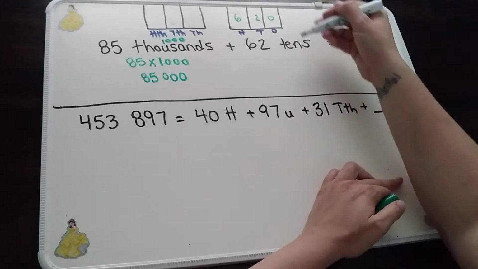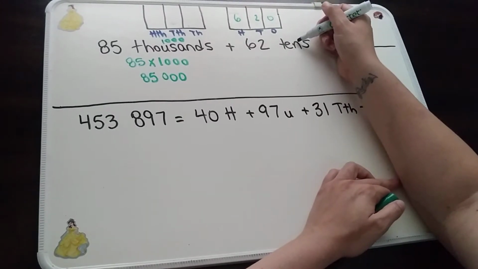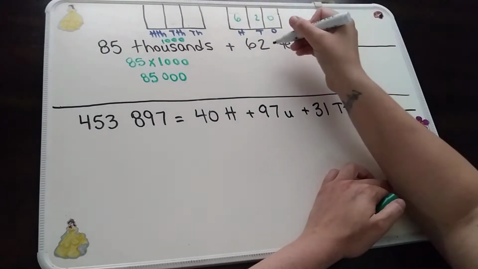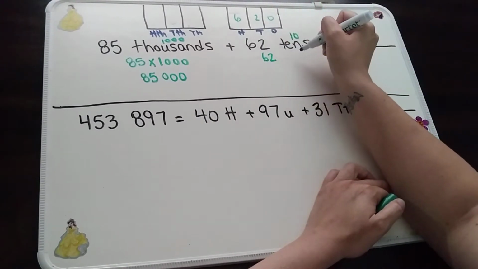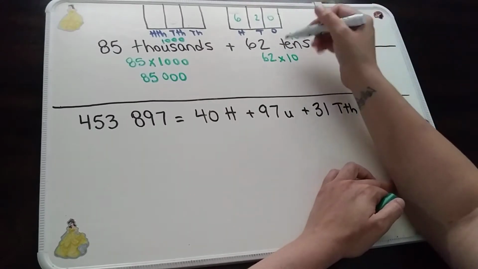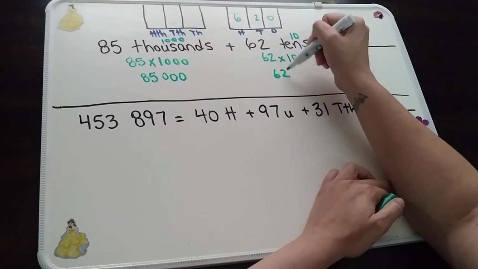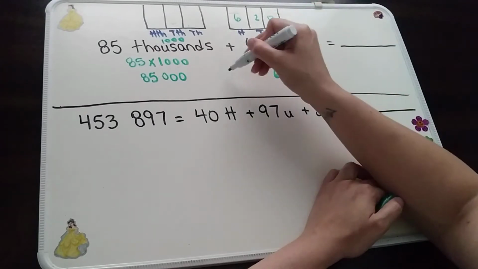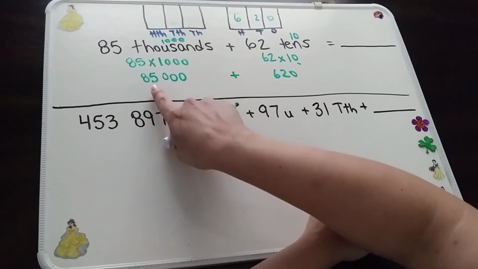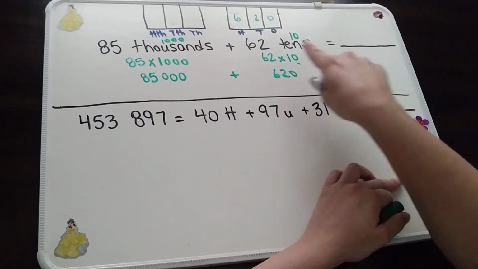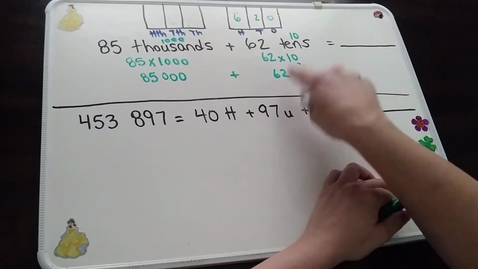So let's see if this works. I think to myself in my head, okay, a 10 looks like this, and I have 62 of them, so I'm doing 62 times 10. I have my original number, 62. I add 1 zero at the end, 620. And there it is. So I'm adding them together, 85,000 plus 620. You can do that in your head, that's perfect.